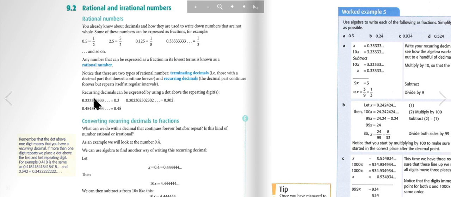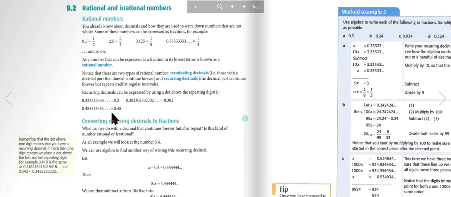So 0.333, as we saw here, is 0.3 with a dot over it. 0.302302302, and so on, is 0.302 with a dot over the 3 and 2, because they're the starting and ending numbers. And 0.454545, and so on, is 0.45 with dots over the numbers 4 and 5.